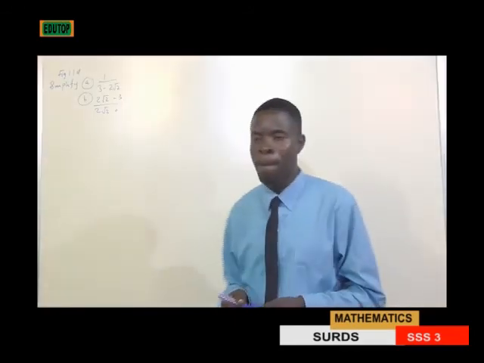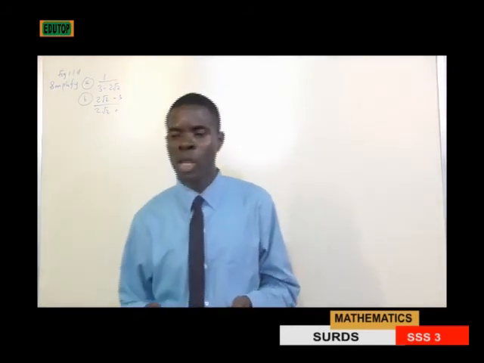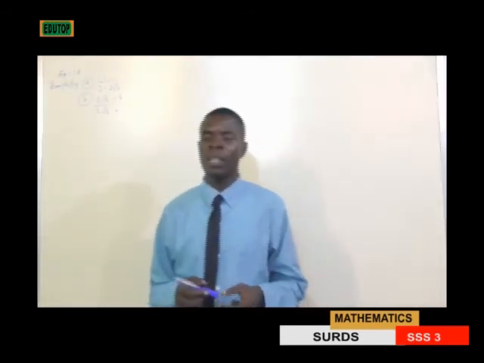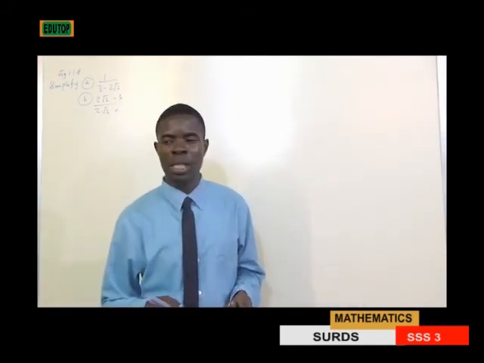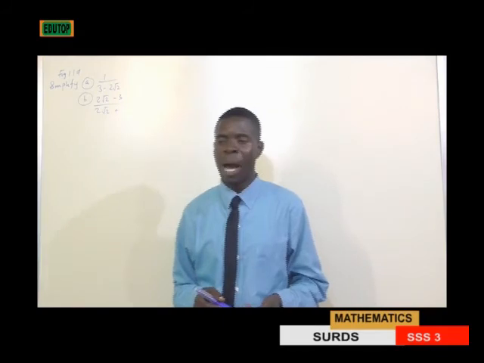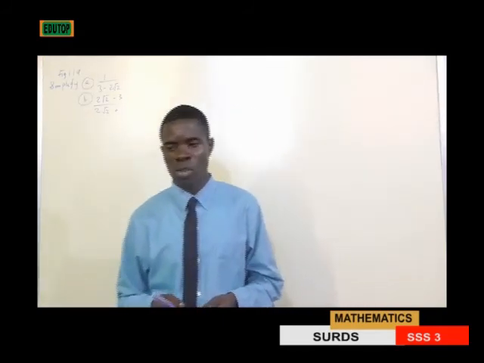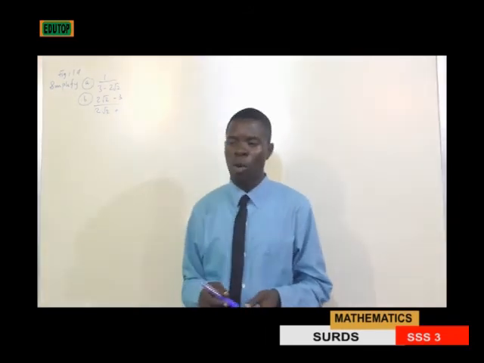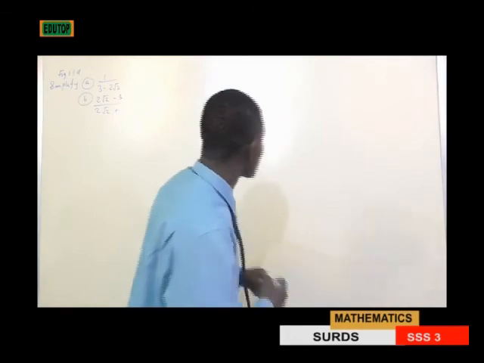Example 4. But before example 4, we are meant to talk about the conjugate of surds. Given the surd expression a plus root b, then a minus root b is called its conjugate. The product of a surd and its conjugate is not a surd.